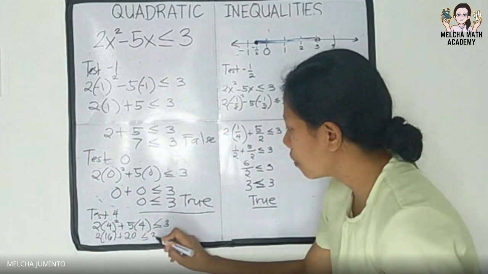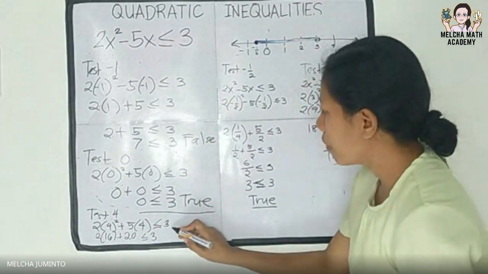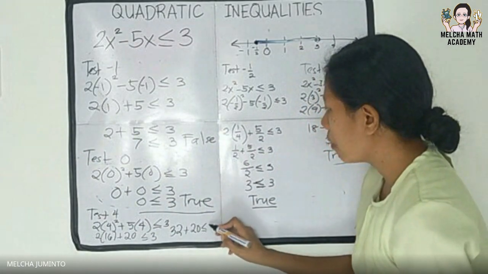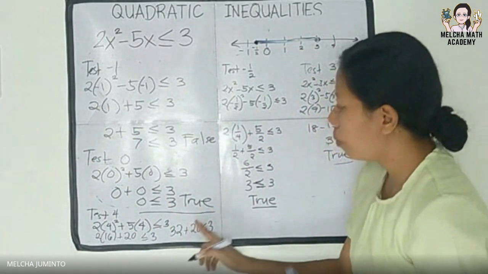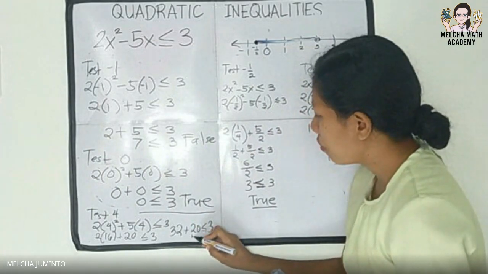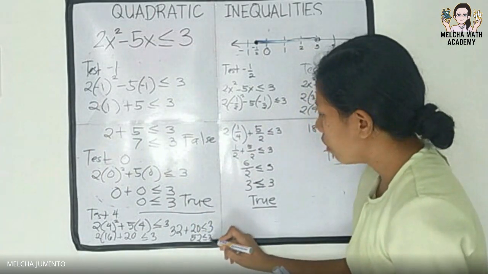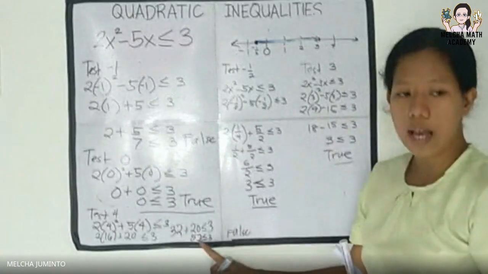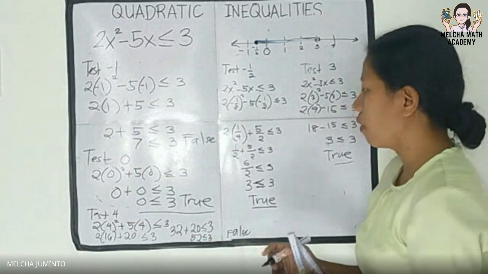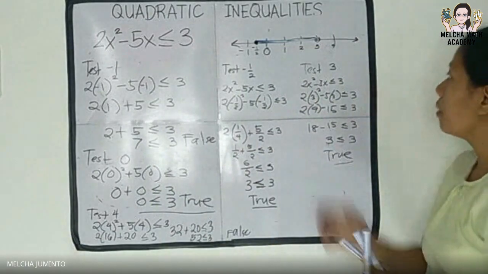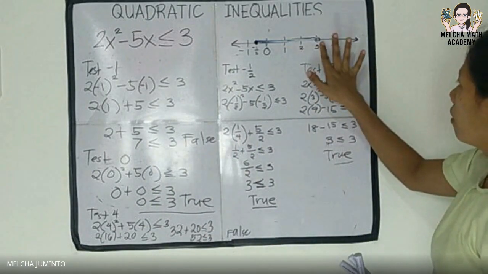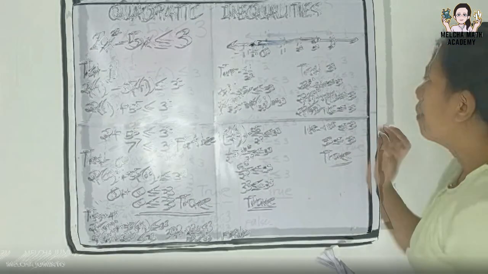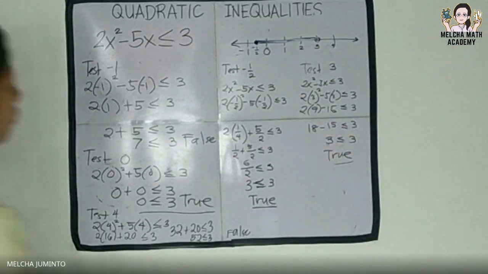Less than or equal to 3. 2 times 16 equals 32 plus 20 less than or equal to 3. 32 plus 20 is 52 less than or equal. Obviously, that is false. Of course, 52 is not less than or equal to 3. It is false. That means you will not shade the area to the right of 3 because that is not a solution. You'll only shade from -1/2 to 3.